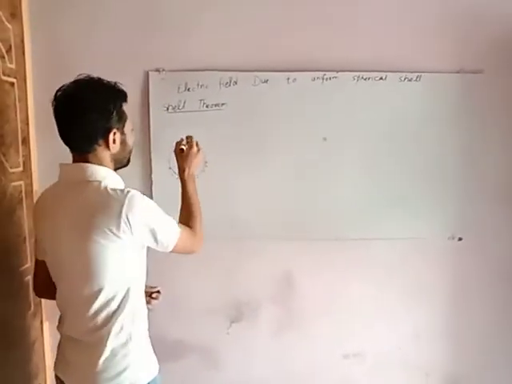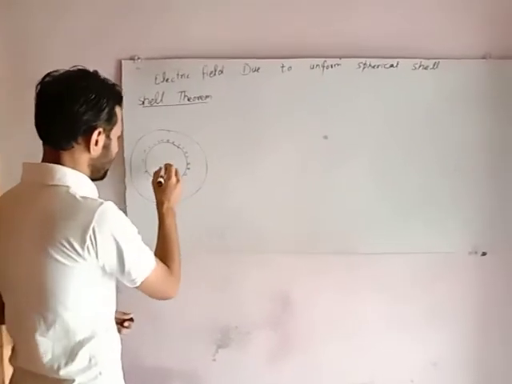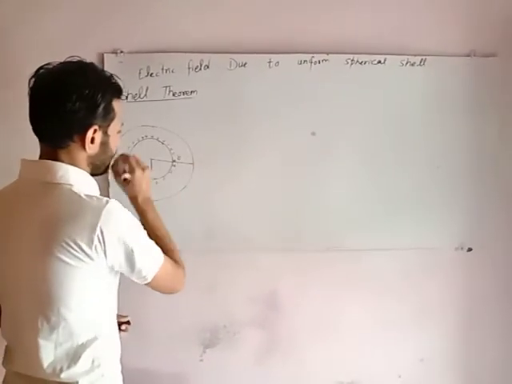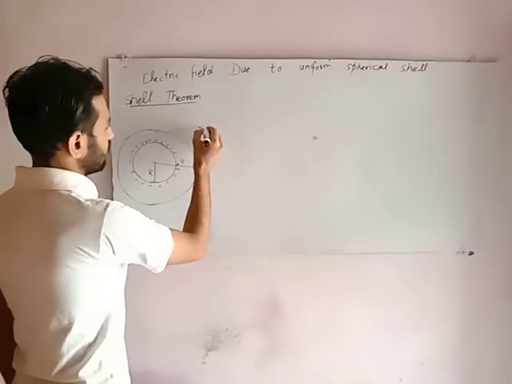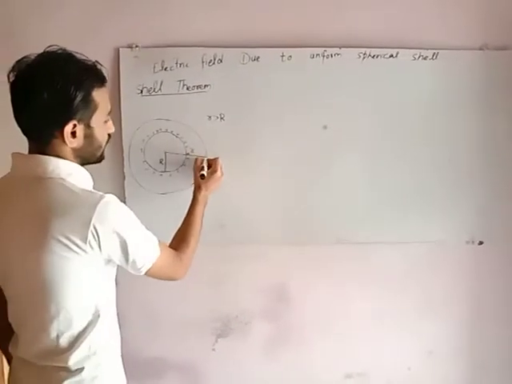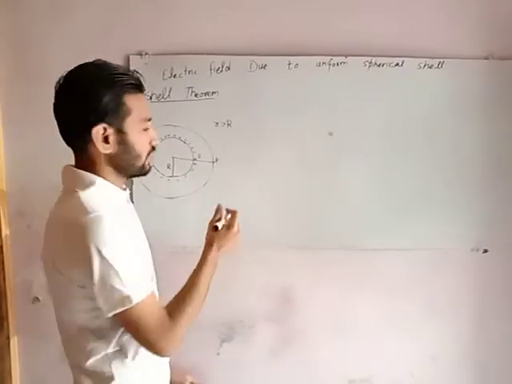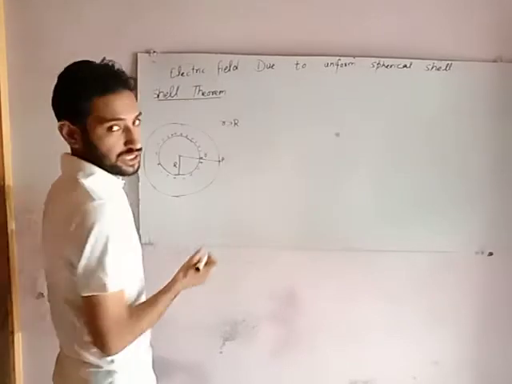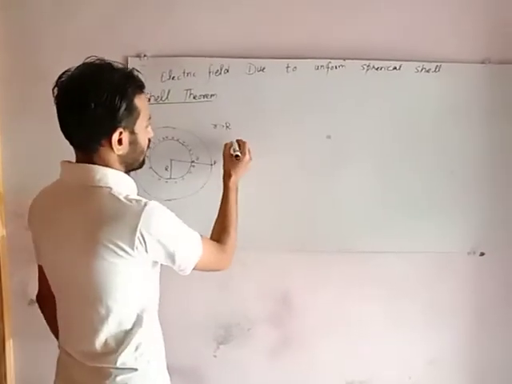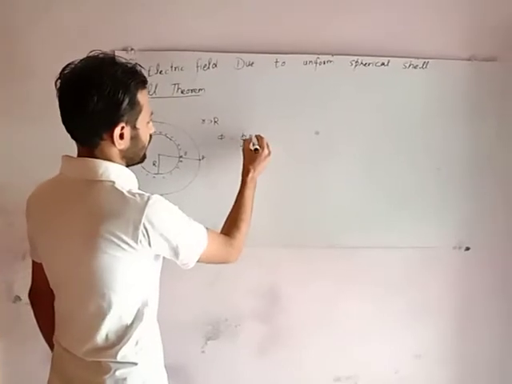Let us calculate this. We consider a Gaussian surface of radius small r. Here r is greater than R. We consider a point P here. Now we will calculate the electric field here by using Gauss's law. The formula of flux will be E dot dA.